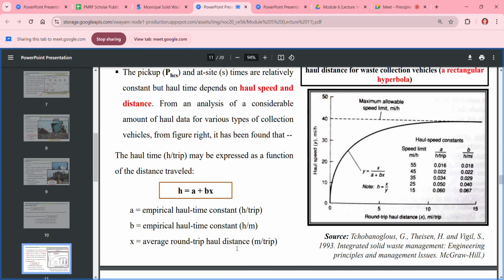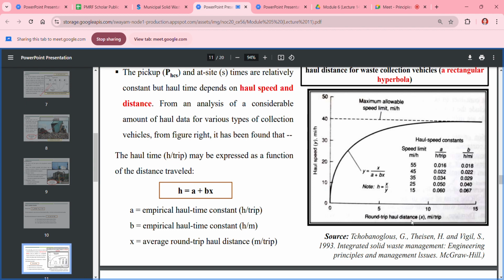As the haul distance increases, your BX term is going to increase, because your empirical haul time constant is the same, hour per meter, but your meters per trip is going to change according to the distance between the haul site and the container disposal site. So that is a hyperbola function.